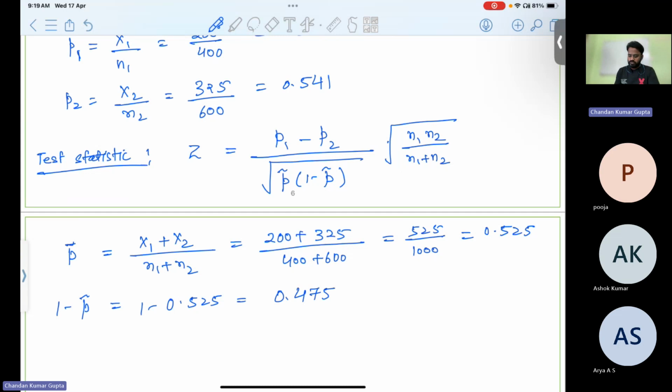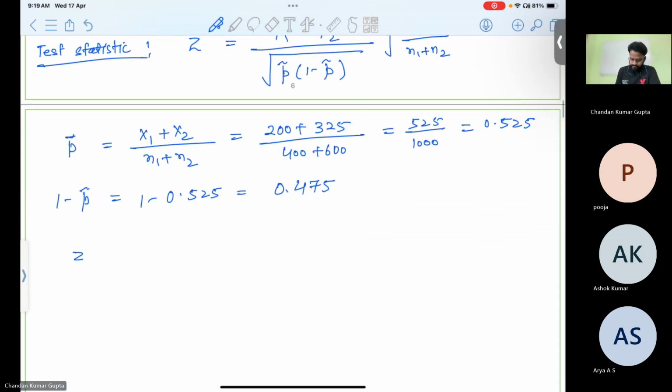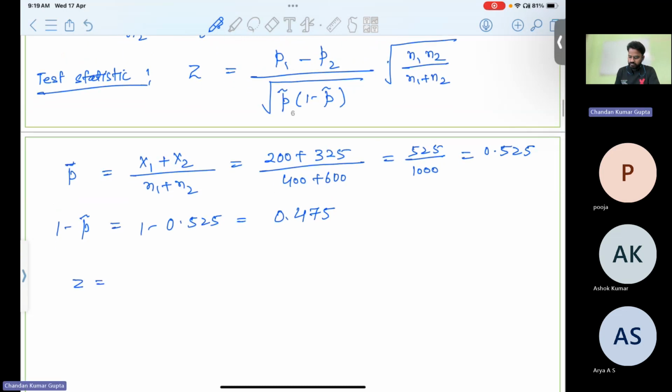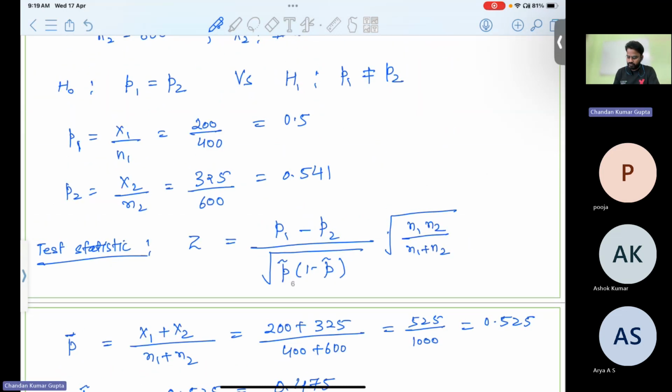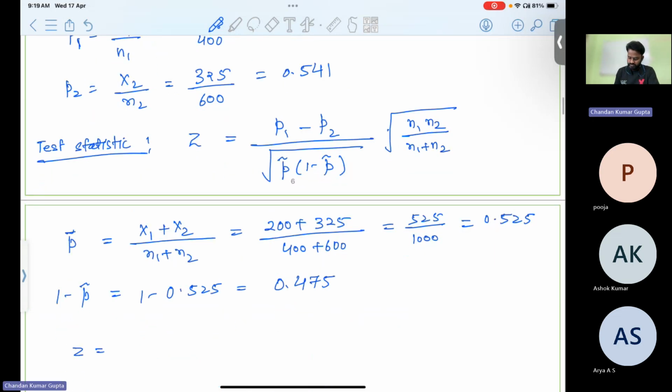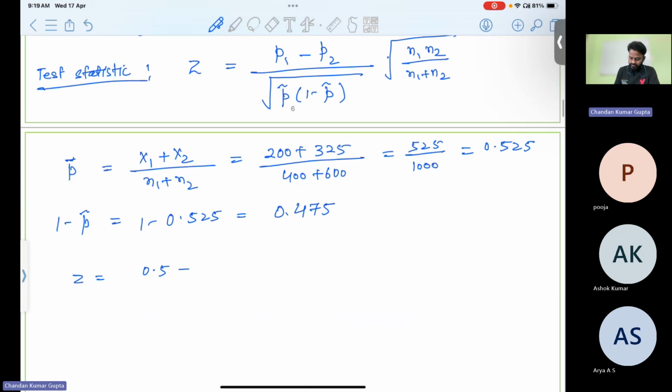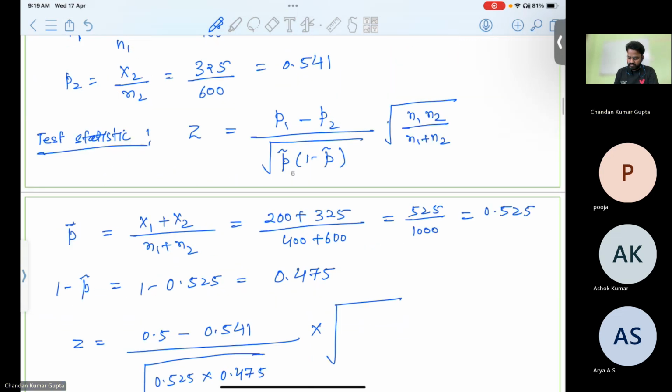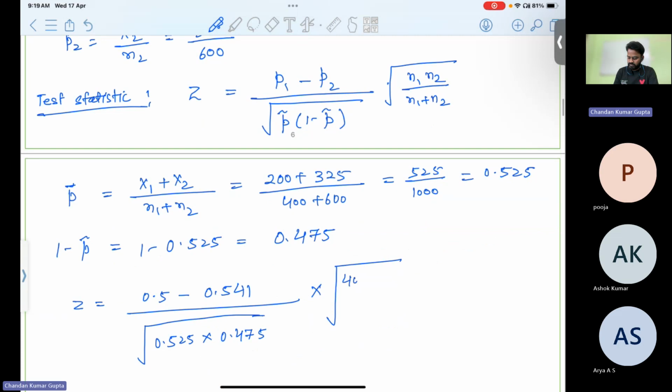Yes. Now the statistic is, p1 is 0.5, p2 is 0.541. So it is 0.5 minus 0.541, under root 0.525 times 0.475, and then multiplied by n1, which is 400, into 600 upon 1000.